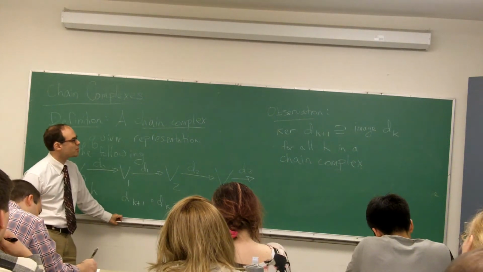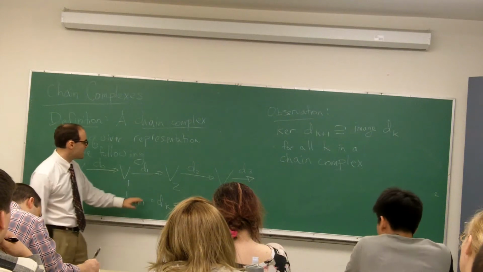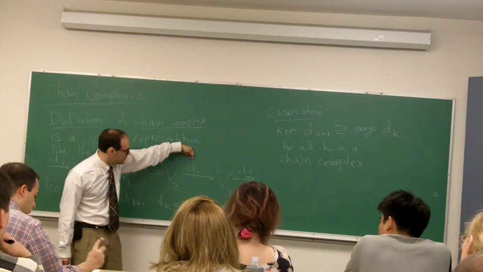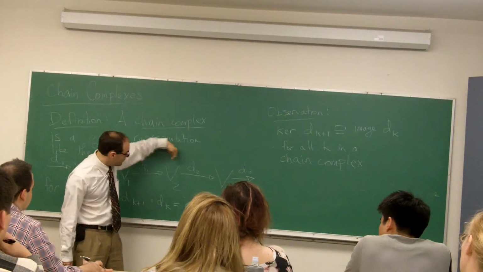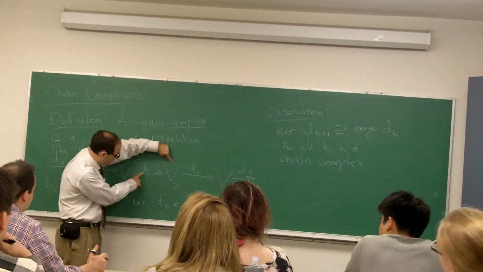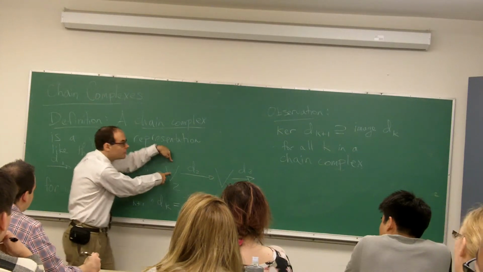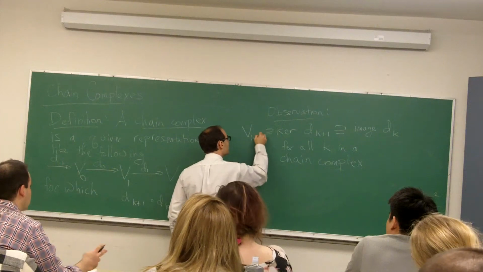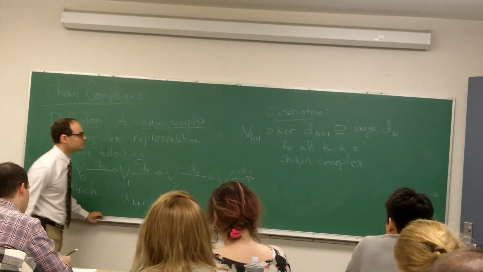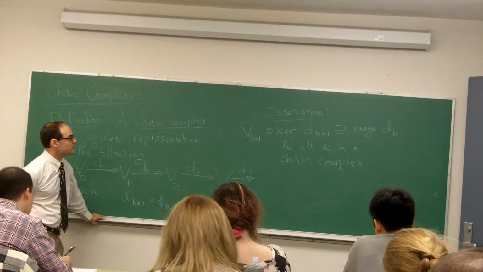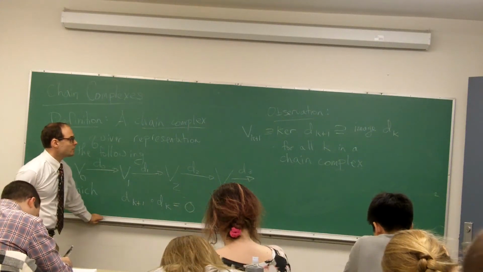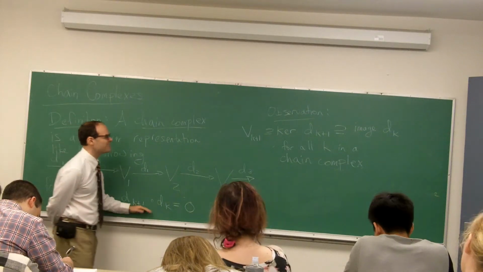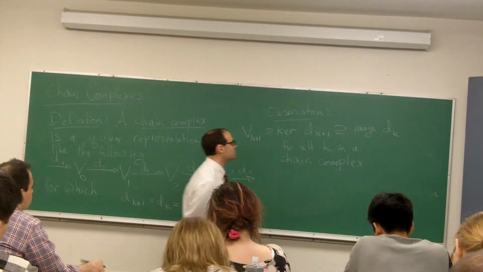The kernel of D2 is a subspace of V2, and the image of D1 is also in V2. So both of these are vector subspaces of V_{k+1}. Rather than merely asking for them to fit together equationally, sometimes it is useful to think about it in terms of subspaces.